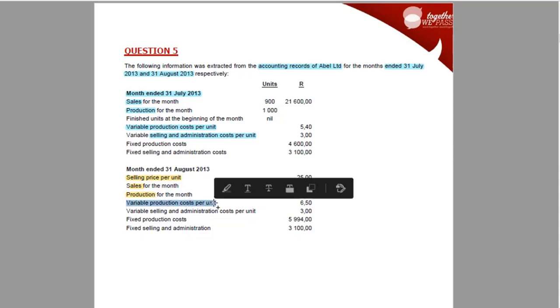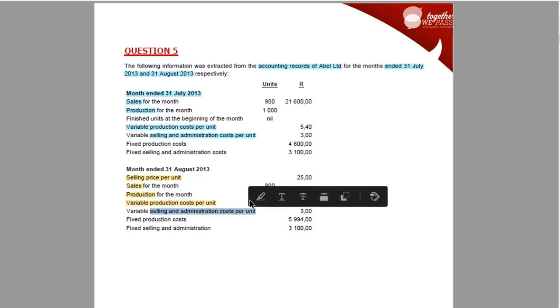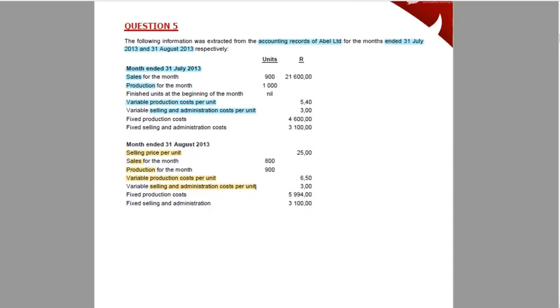Variable production cost per unit is 6.50 Rand, and the selling and admin cost per unit is 3 Rand. Your fixed production cost, they give you the value, 5,994. The fixed selling and admin they give you 3,100. Okay, so this question seems a bit straightforward.